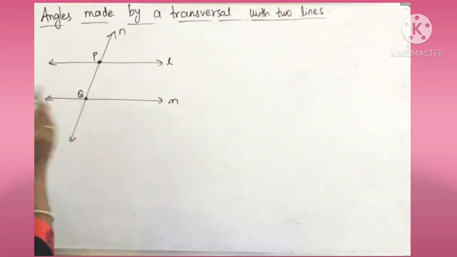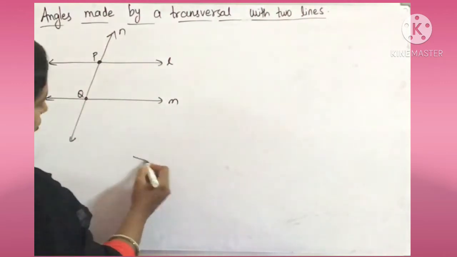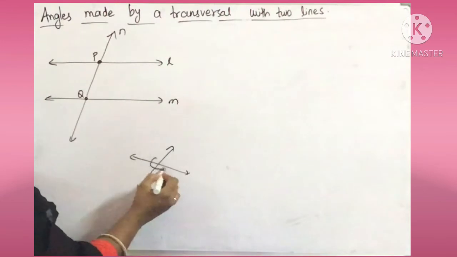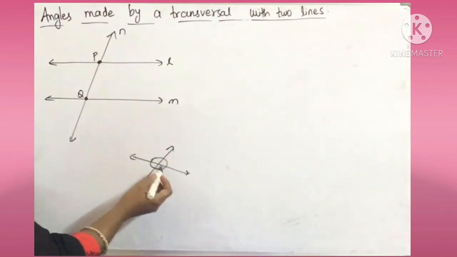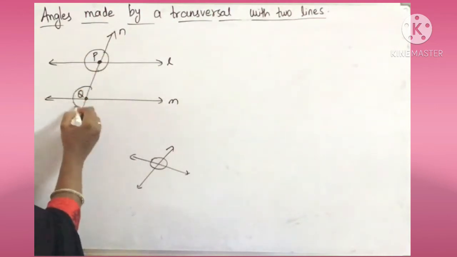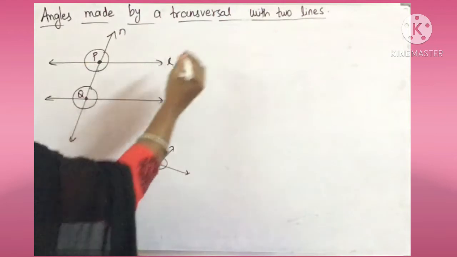Now if you see in this figure, how many angles are formed, children? Yes, we know it forms 8 angles. Whenever two lines intersect, how many angles are formed? 4 angles. Similarly, here is a point of intersection, and here is another point of intersection. So clearly, a total of 8 angles are formed.